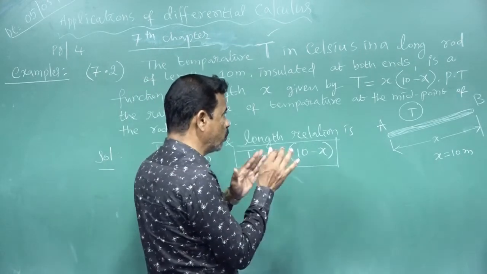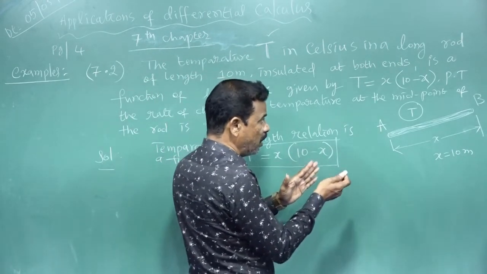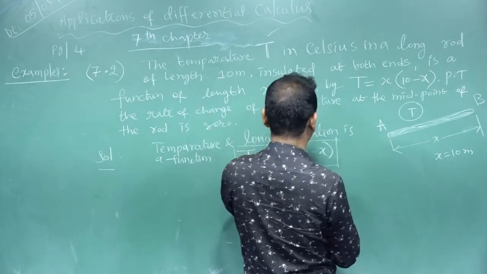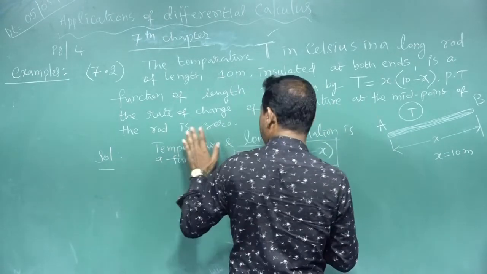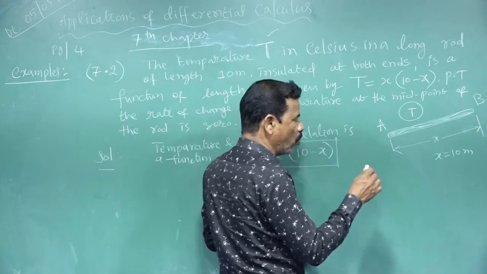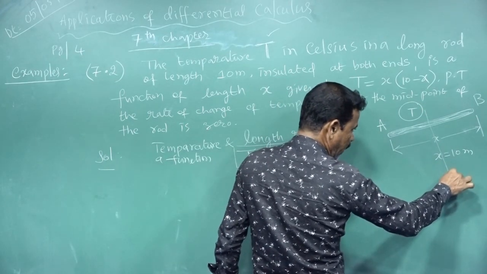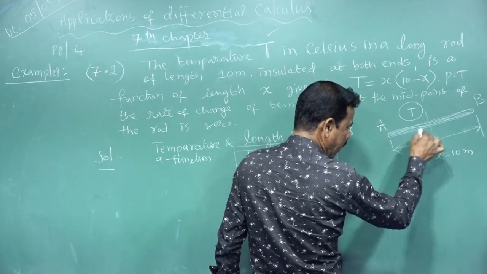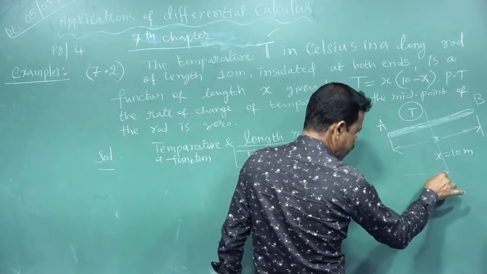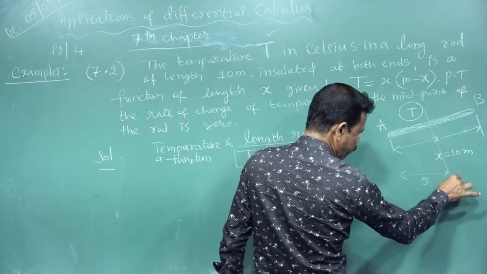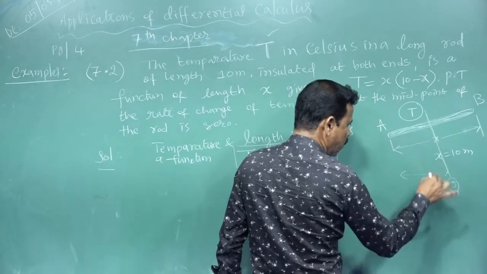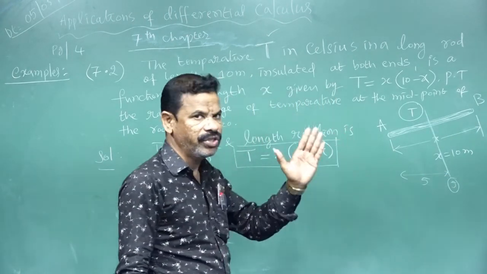So the actual question is: show that the rate of change of temperature at the midpoint of the rod is 0. We have to show it at the midpoint of the rod. Midpoint means from either end, that length is 5. At this length 5, the rate of change is 0.